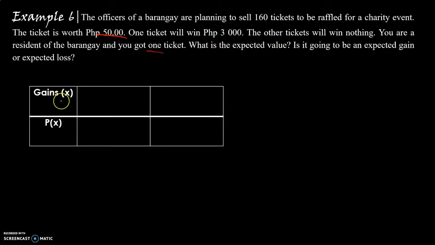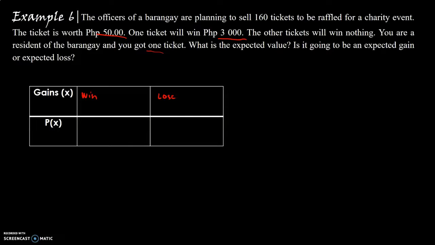So again, for this problem, there are only two possible outcomes. It's either you win or you lose. Now, if you win, okay, you get 3,000 pesos. But remember that you paid 50 pesos for the ticket. So meaning to say, we will subtract 50 pesos from 3,000.